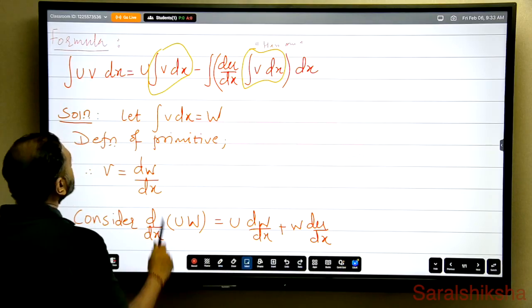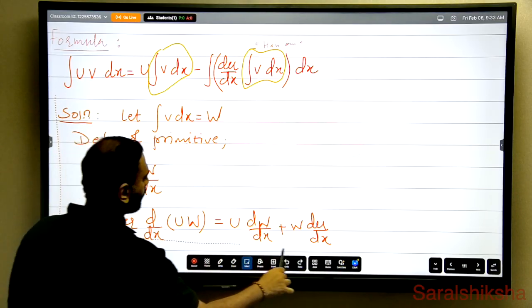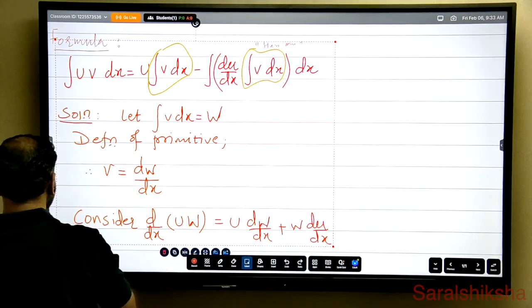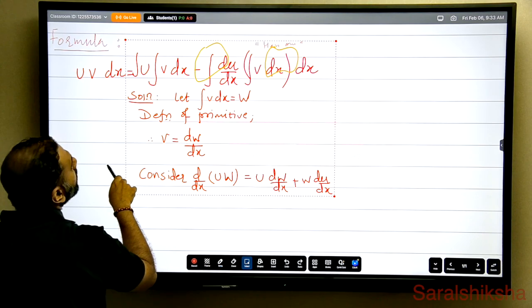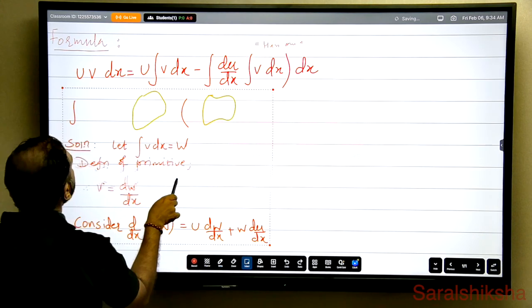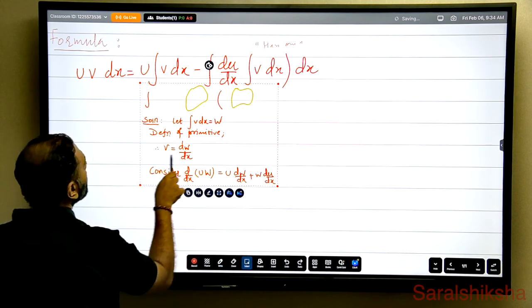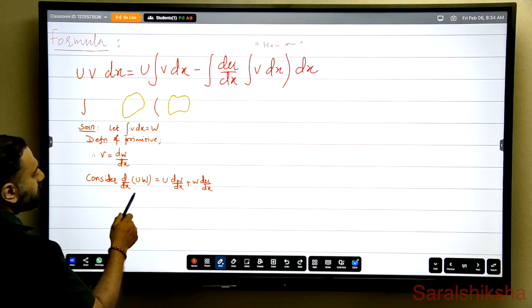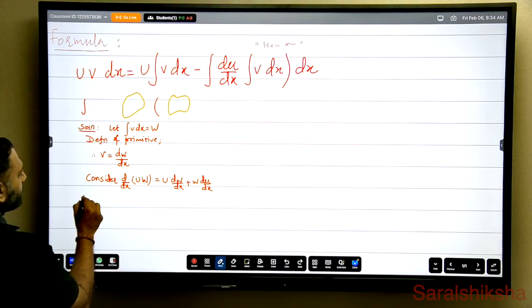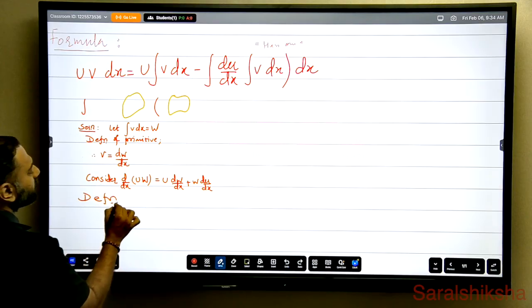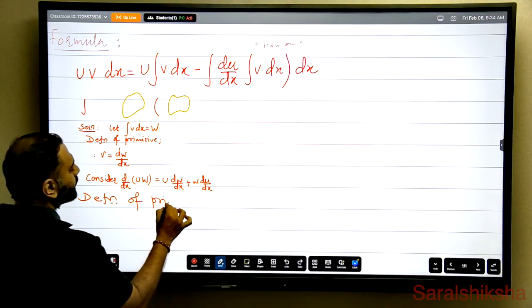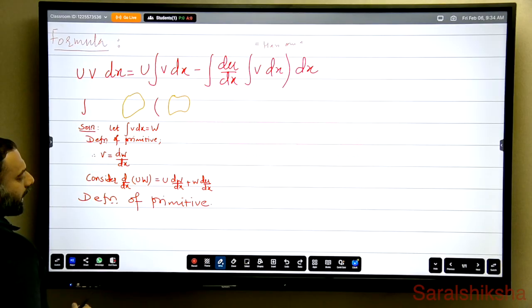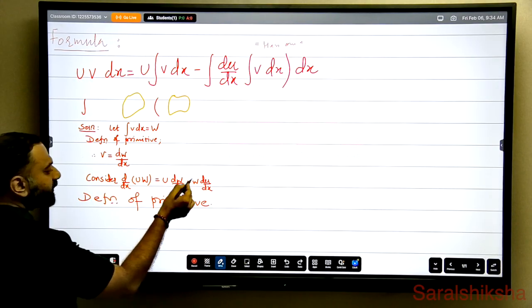Now we again apply the definition of primitive, and we replace the derivative with integration.